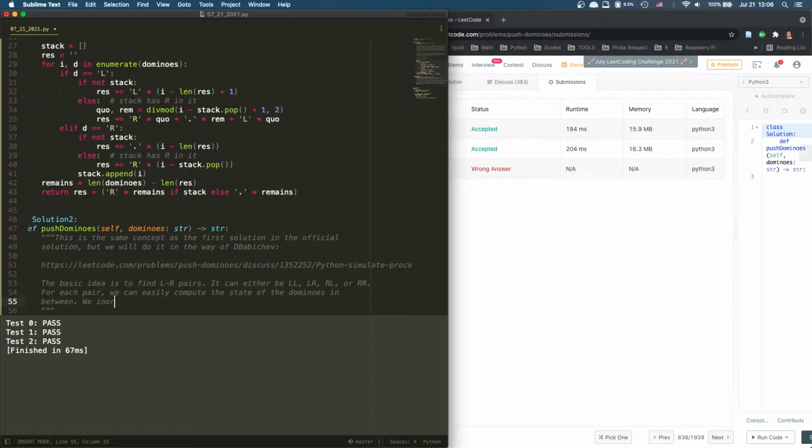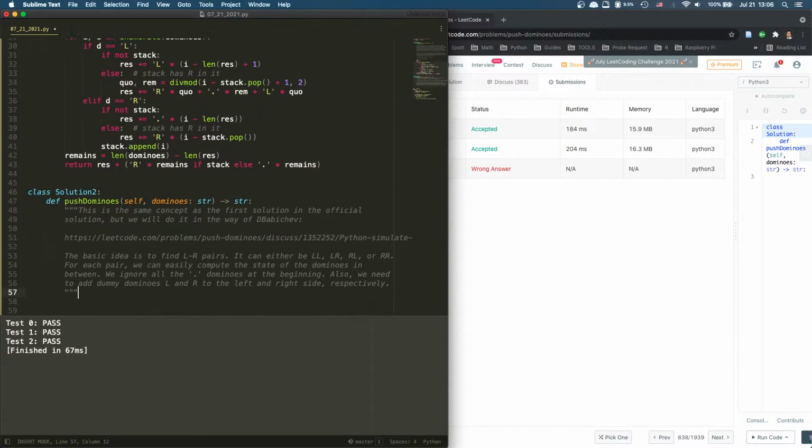We ignore all the dominoes at the beginning. Also, we need to add dummy dominoes L and R to the left and right side, respectively.